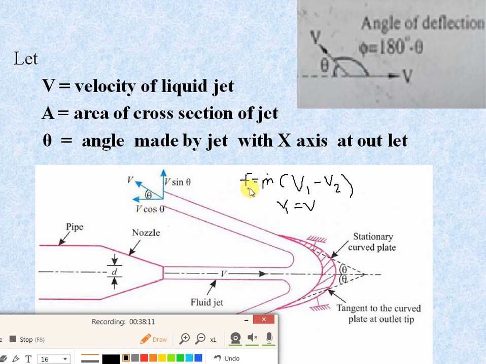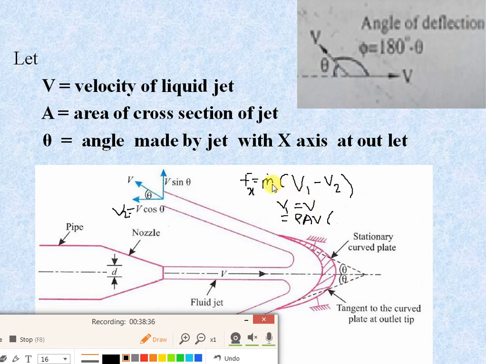Now I want the x direction force, so for this force we have to consider the x direction velocity only. So v1 is v, but in this case v2 is present, and v2 value is equal to v cos theta. So we can put m dot is nothing but rho a v.